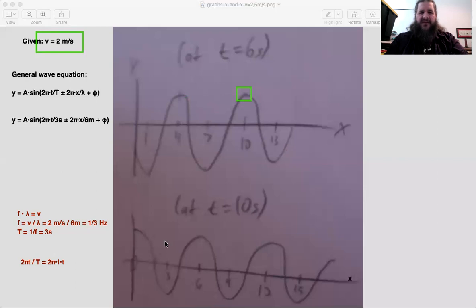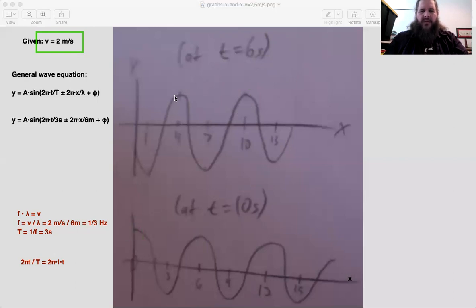At time 10 seconds, 4 seconds later, the wave looks like this. So maybe over the course of those 4 seconds, this crest moves from x equals 10 to x equals 6. Or maybe this crest moves from x equals 10 to the right to x equals 12. Or maybe it moves really far to the left, all the way from x equals 10 to x equals 0.